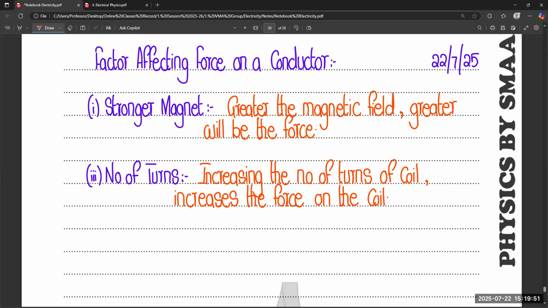Basically, this is another factor that increases the rotation of the coil. Rotation of the coil or force on the coil both make the same sense, because if there is a greater force, then there will be a greater rotation in the coil.